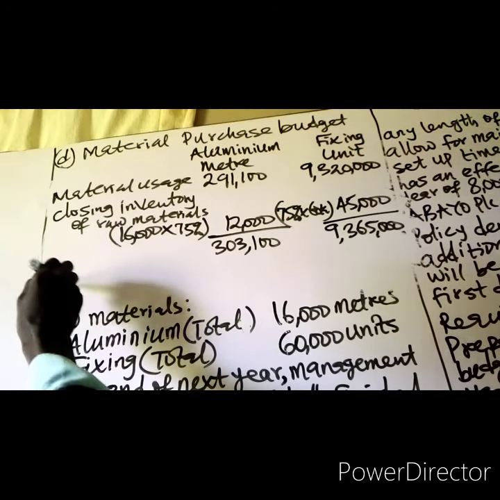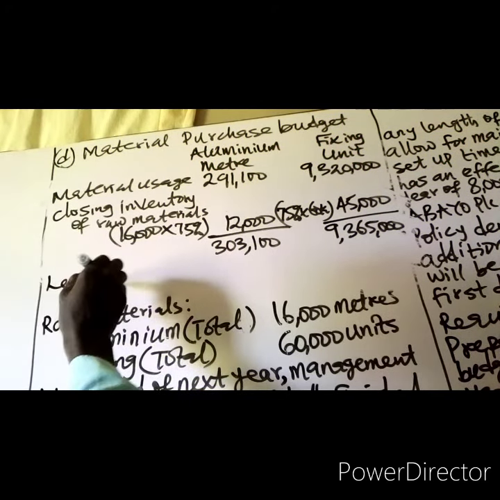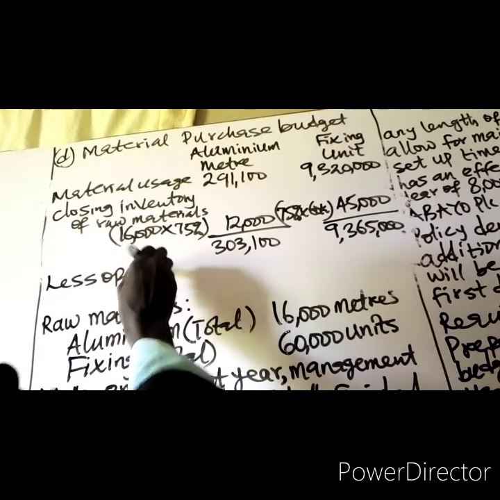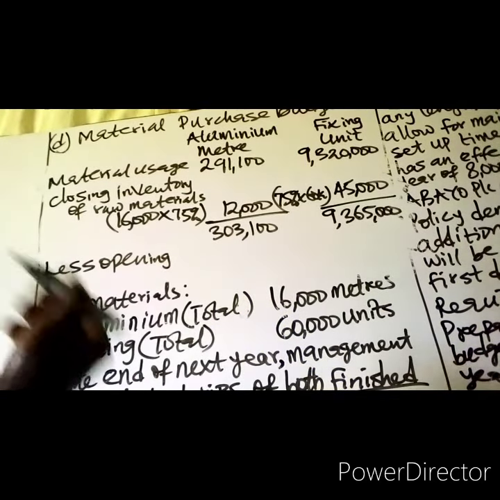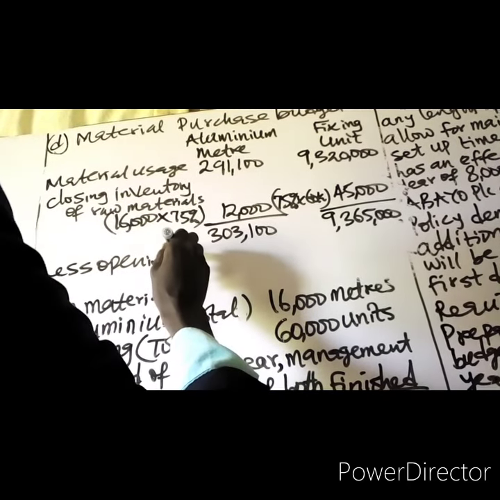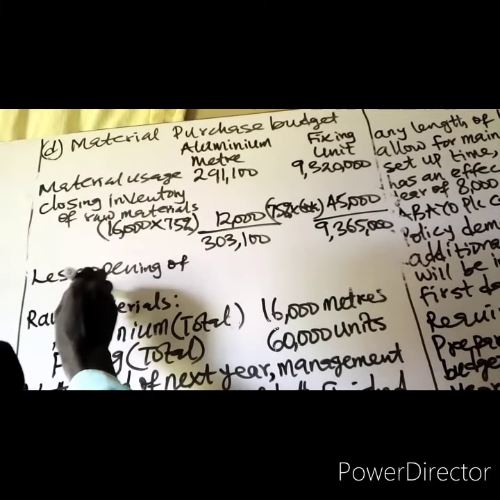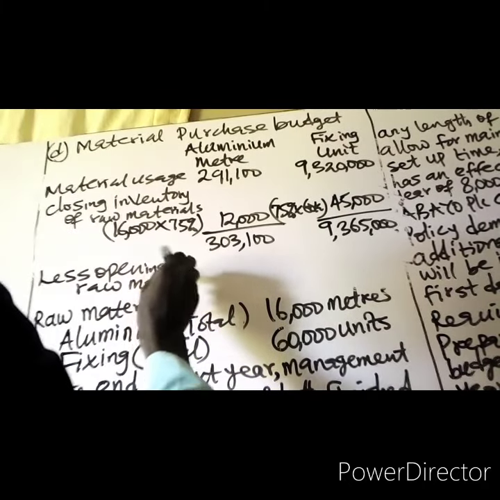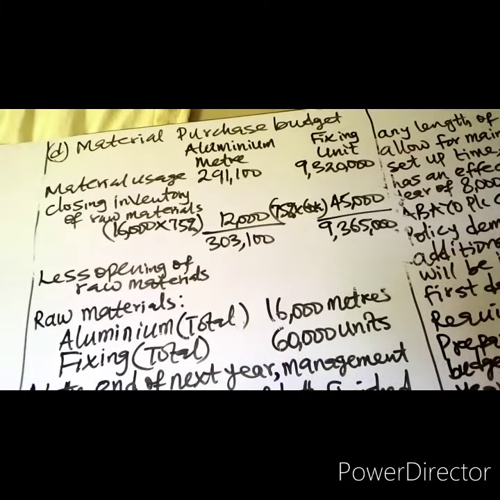Then you less the opening inventory of raw materials. Don't forget, we are calculating the material purchase budget. If it is the production budget, you need the inventory of finished goods, but for the material purchase budget, you need that of raw materials.